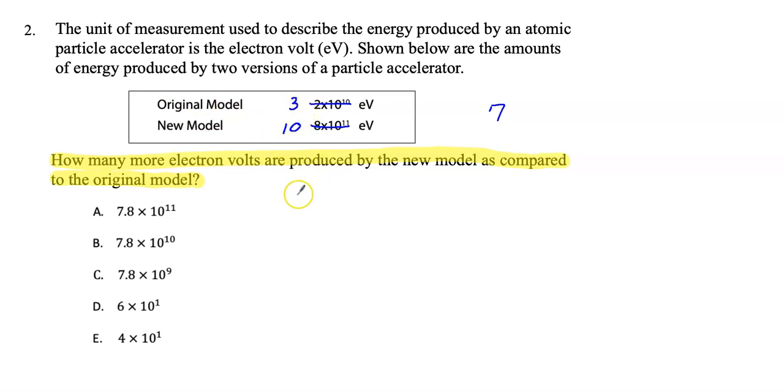And the way to get that is I would go 10 minus 3. In other words, I'm taking the new model minus the original model. So with simpler numbers, now you see what you need to do.